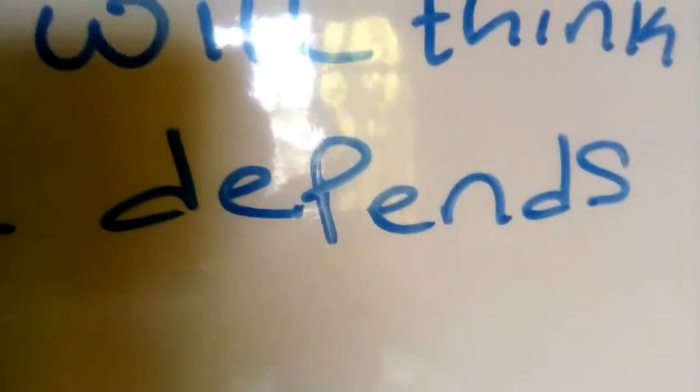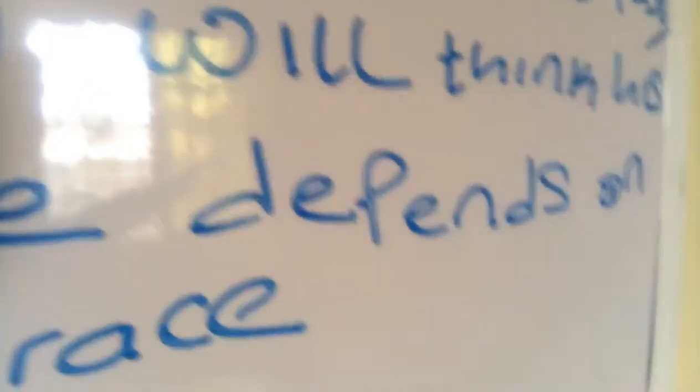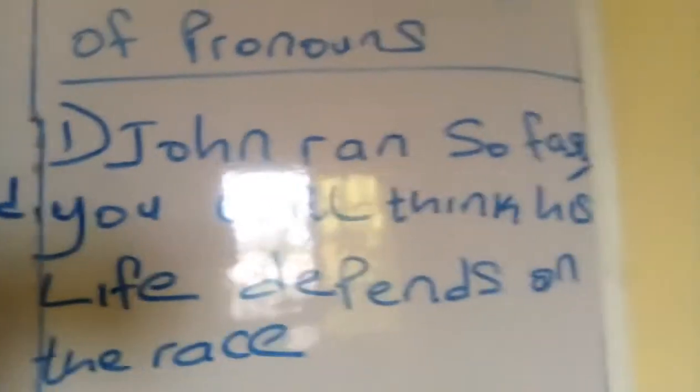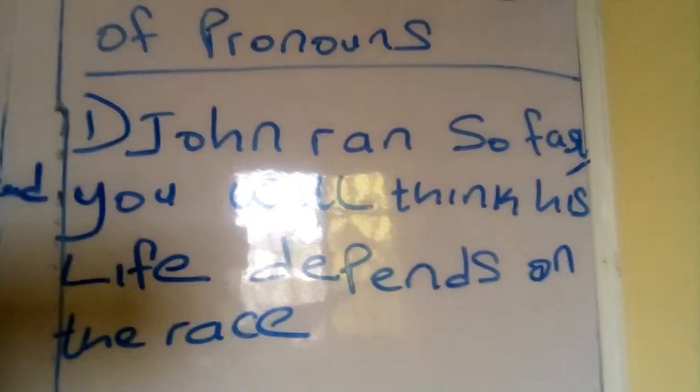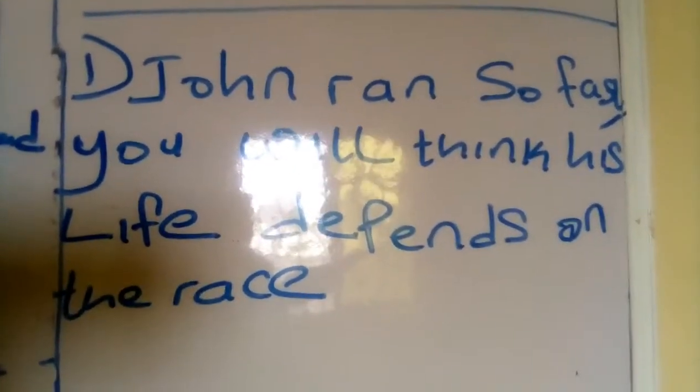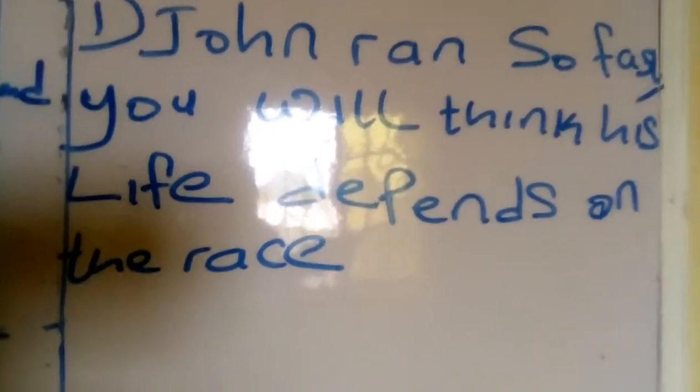Are you seeing the board? So in this sentence, John ran so fast, you would think his life depends on the race. The pronoun is what? The pronoun is his. We are underlining the pronoun his.